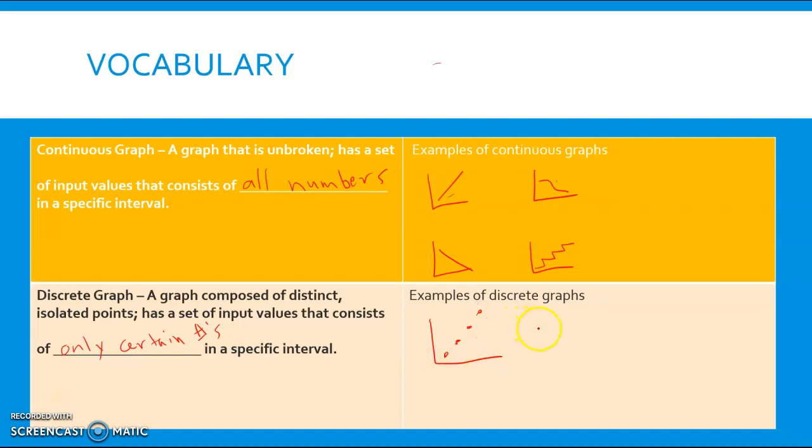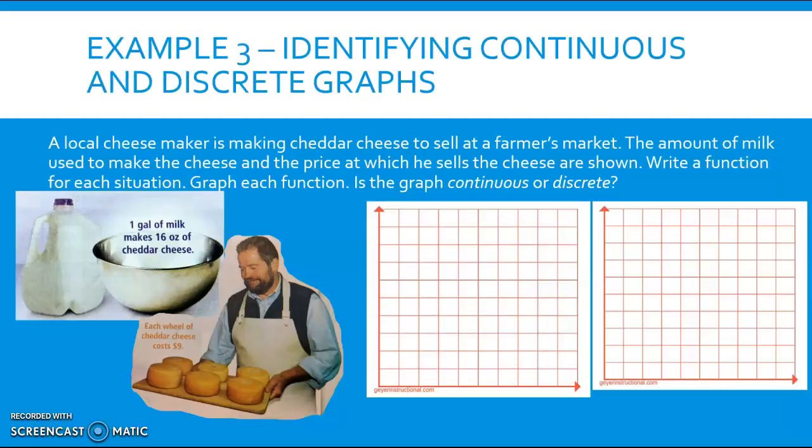And it won't be connected, right? So distinct isolated points. A continuous graph is unbroken, right? It's connected. Discrete is disconnected, and I'll show you what I mean as we get into the example here. So discrete could also be weird, scattered all over the place like that. So let's go on to the next graph.